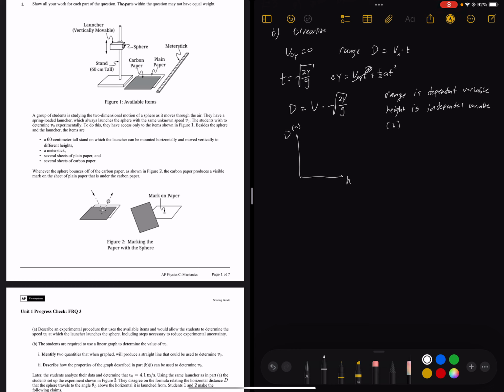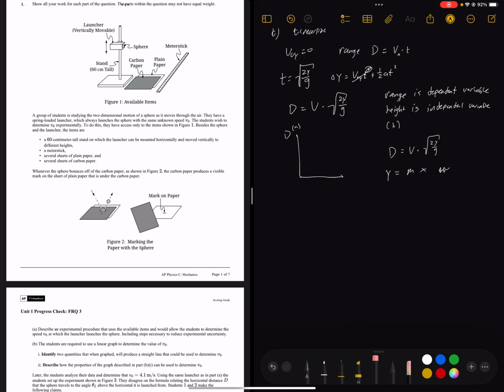So instead of using h as our horizontal axis, I need to look at this equation and set it up in the form of y equals mx plus b. So I have d is equal to v times the square root of 2y over g. We're not going to worry about the y-intercept for now, but I need to rewrite this.